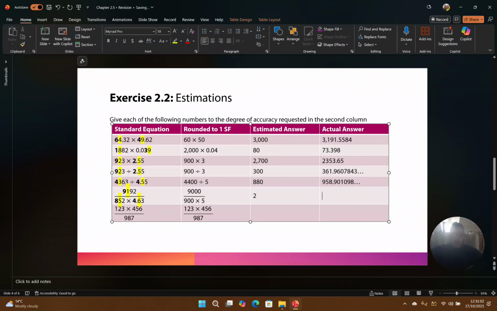Let's see. Am I going to end up with another recurring number? Let me see if I've got the estimation right yet. 2. Am I going to get another recurring figure? Could do. Or maybe not.